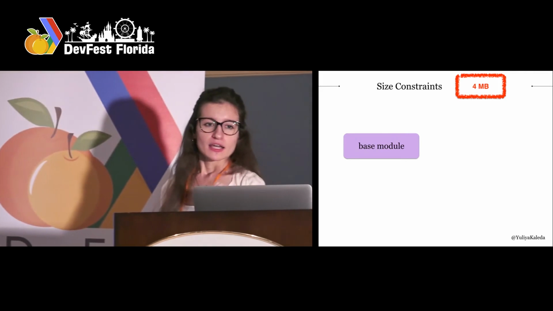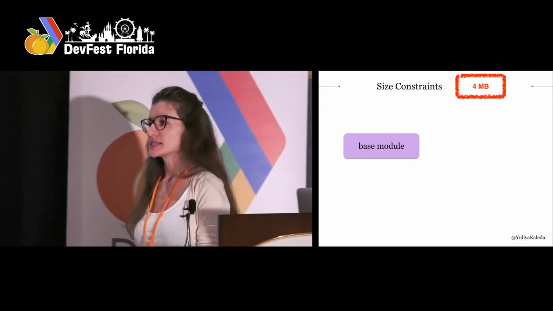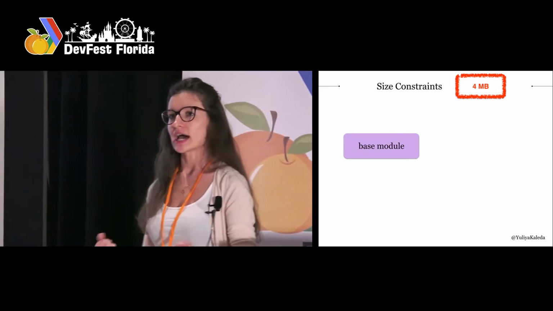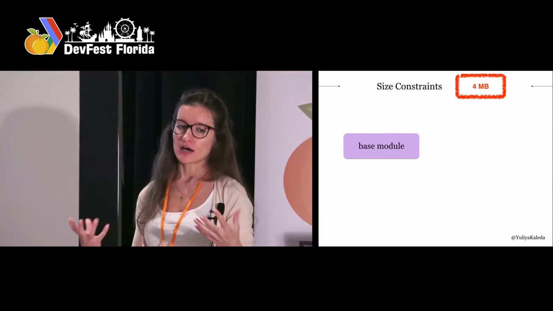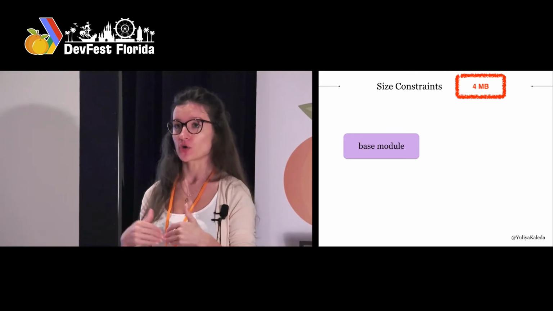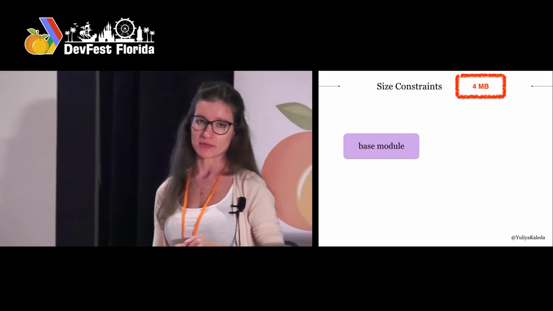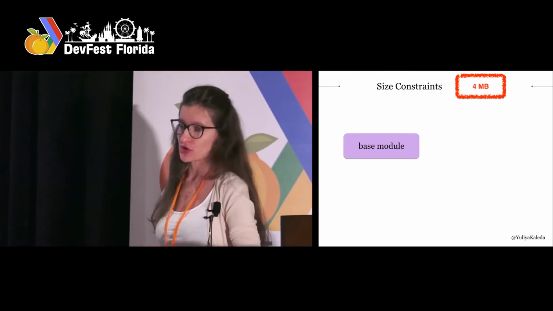Okay. So we've talked about the size constraint with our single feature instant app, and we've mentioned that having one module is not really a scalable solution because there is no room to add extra code once it's already at the 4 megabyte size limit. So what happens in our multi-feature instant app?